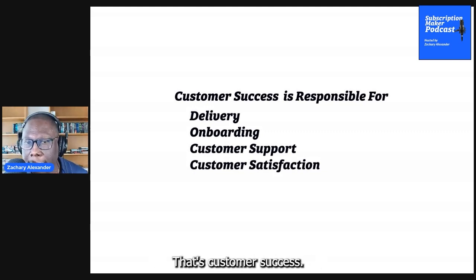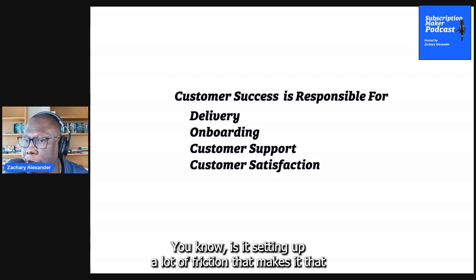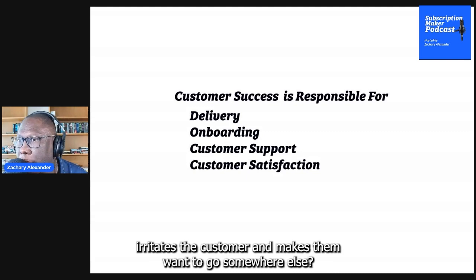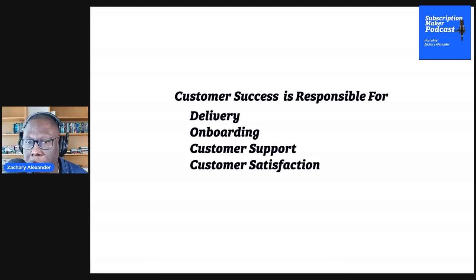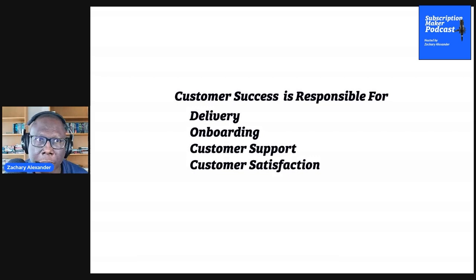That's customer success. When you're talking about is it the right thing, is it setting up a lot of friction that irritates the customer and makes them want to go somewhere else? Also, the customer success people are responsible for the metrics. They do the reporting.